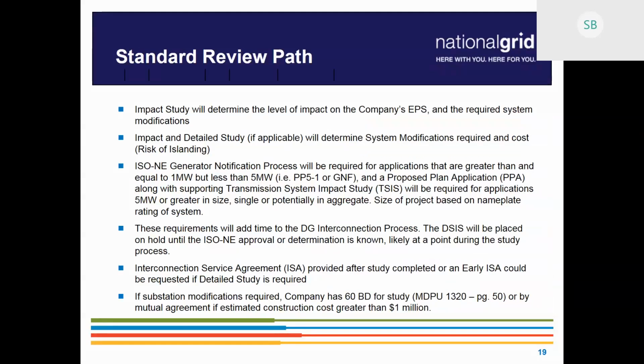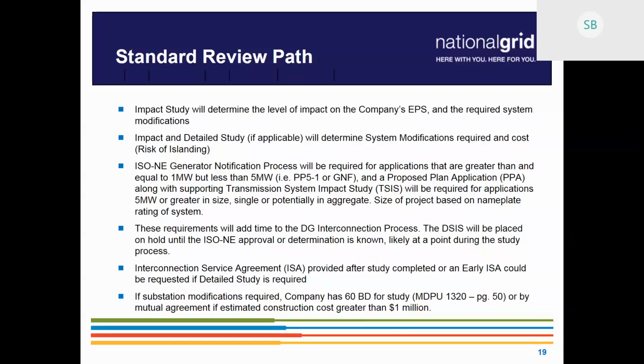For applications that are greater than or equal to 1 megawatt but less than 5 megawatts, we have the ISO New England generator notification process, which requires the PP5-1 to be filled out. And then we also have a proposed plan application for projects that are over 5 megawatts or an aggregate over 5 megawatts. Again, we will get into this a little bit later in the presentation.